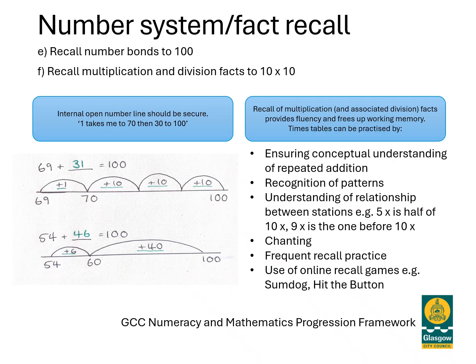We do still want to ensure their conceptual understanding of tables as being repeated additions. We want them to recognize patterns, and we want them to understand that relationship between the stations, so 5 times a multiple being half of the 10 times, 9 times being the one before 10 times, and so on.